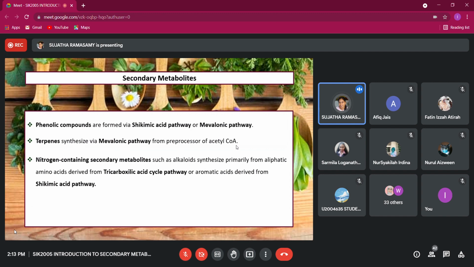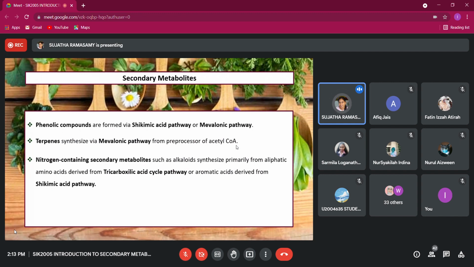Precursor means the starting material. Okay, what I'm giving you here is very brief, because later when we go to each of these phytochemical, we'll look in details. And then for the third one, nitrogen containing secondary metabolites.